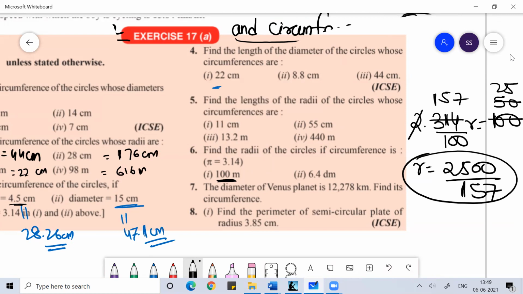Then decimeter. DM means decimeter. 1 decimeter is 10 centimeter, 1 meter is 10 decimeter. So since this is given in decimeter, we'll find the answer in decimeter. Write the answer in decimeter.